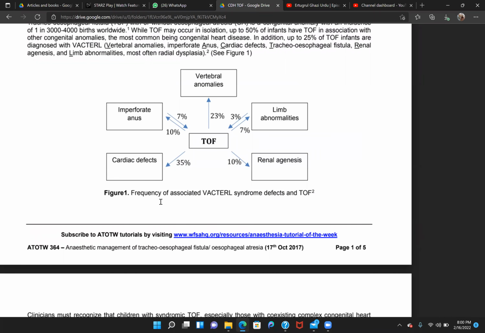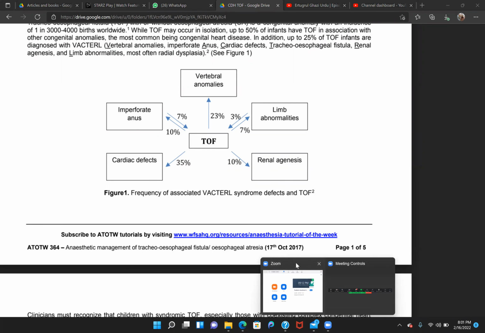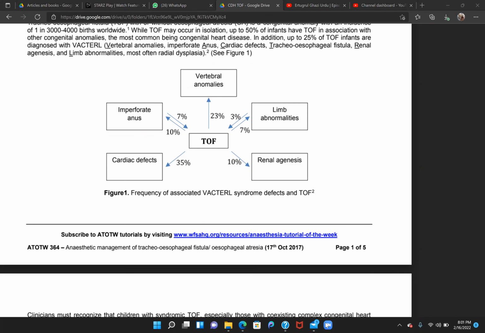Now the other question which you should be knowing, that what is the anomaly, that is VACTERL or VATER. If there is cardiac anomaly, then it becomes VACTERL, otherwise it is VATER. Vactrel means, sir, V for vertebral anomalies, A for imperforate anus, and A for anal atresia, sir.